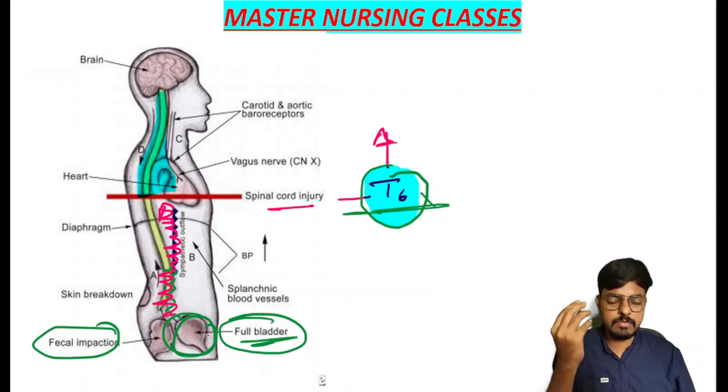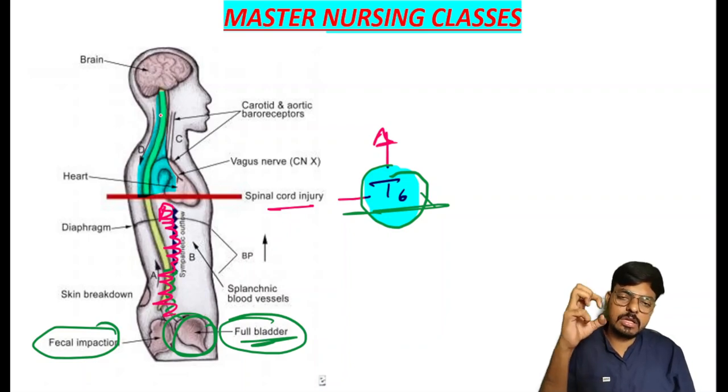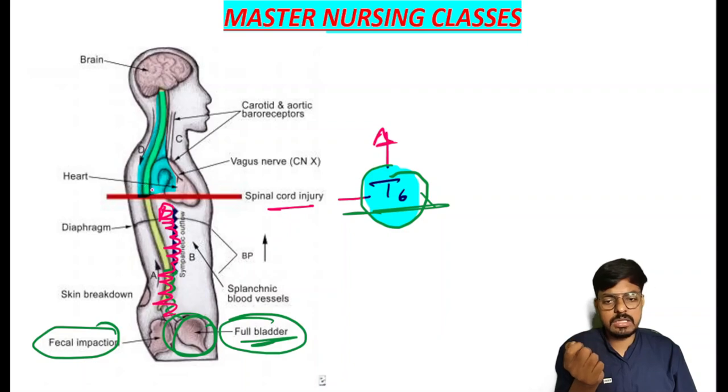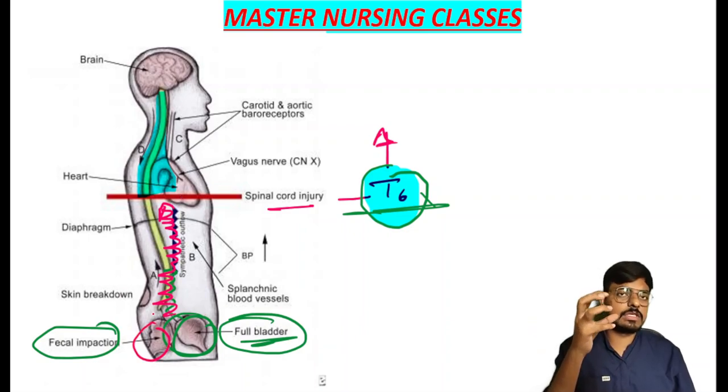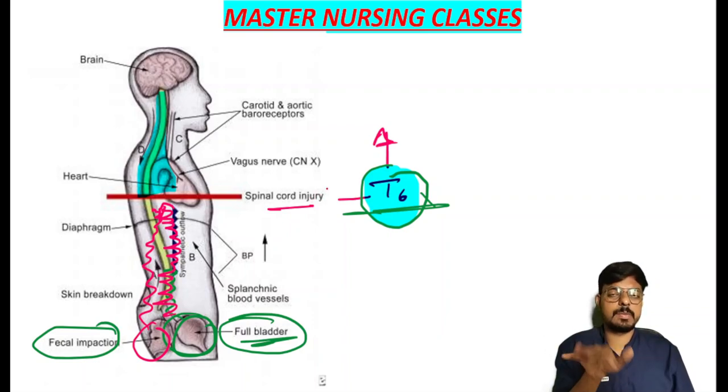The nerve signals from the full bladder should go to the brain, and the brain will initiate contractions of the bladder muscle, and then the urine will come out. But here the spinal cord is damaged and the signals are not moving up. This is the actual problem. Similarly, when the bowel is completely filled with feces, it starts to send signals to the brain, but the signals do not reach the brain because at the T6 level there is damage to the spinal cord.